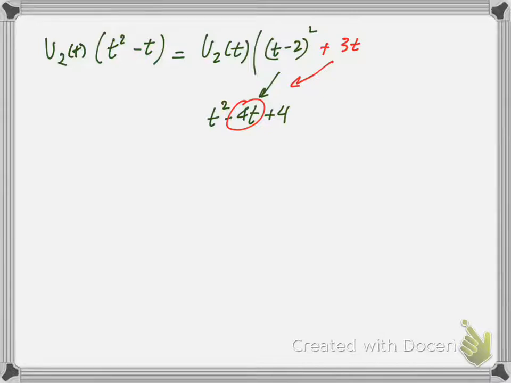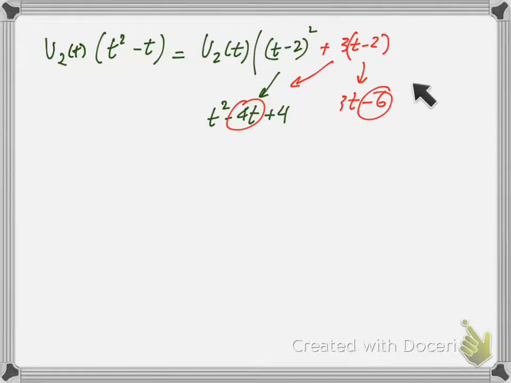But then again, in order to find the Laplace transform, we have to put it in the correct form, and the correct form has to be t − 2. So we put t − 2 multiplied by 3 in parentheses, and 3 times (t − 2) becomes 3t − 6. So now we have t² − 4t + 4 + 3t − 6.